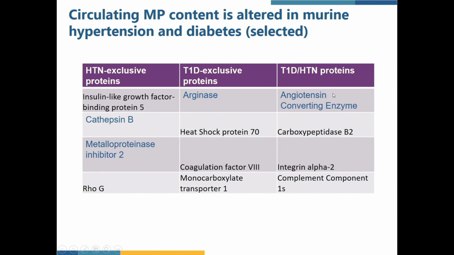We found that angiotensin converting enzyme was present in both the hypertensive and the diabetic, but not the wild type population. So we haven't really taken this very far at this stage, but it does suggest that we may be able to identify protein signatures that are associated with the vascular changes in these diseases.